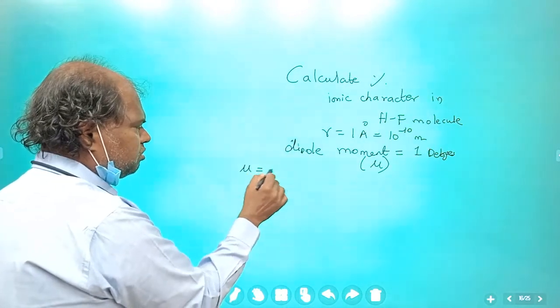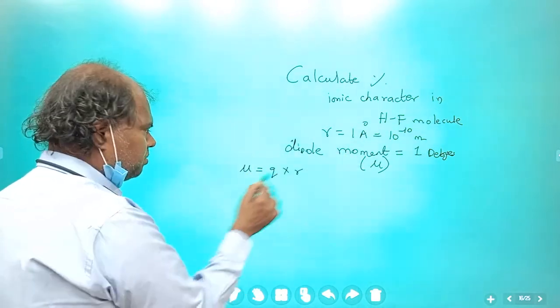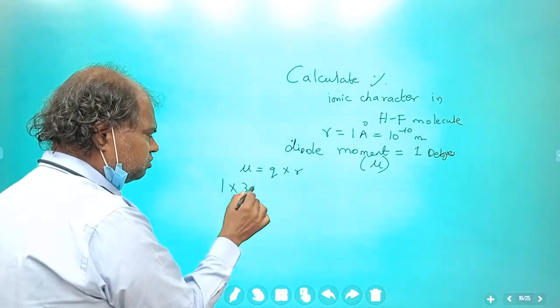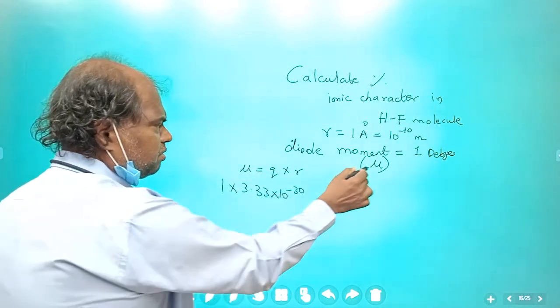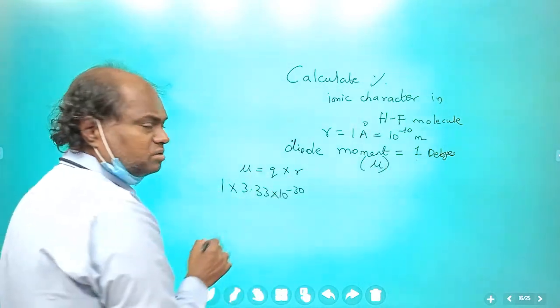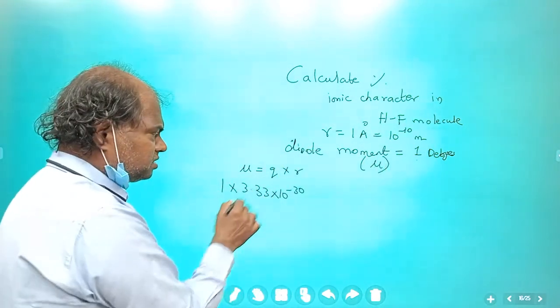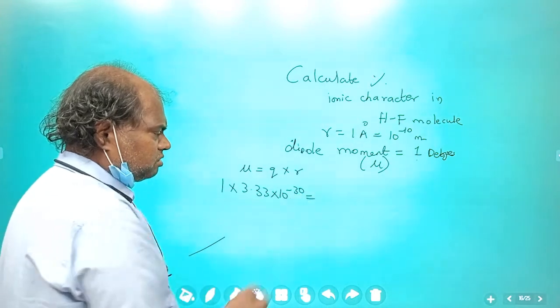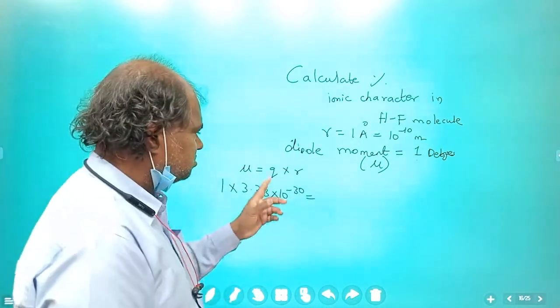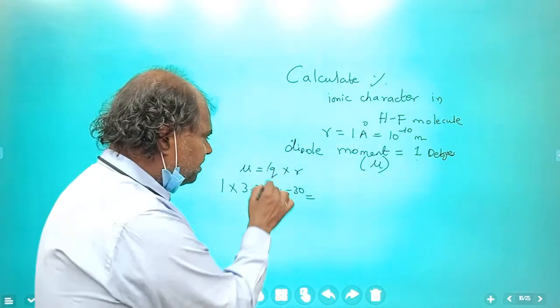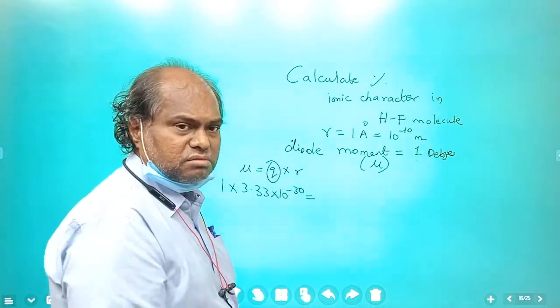Yes, mu is equal to Q into R, right? 1 debye is 1 into 3.33 into 10 to the power minus 30. Remember, we have to convert this. Now this charge, students, you write in terms of electron.